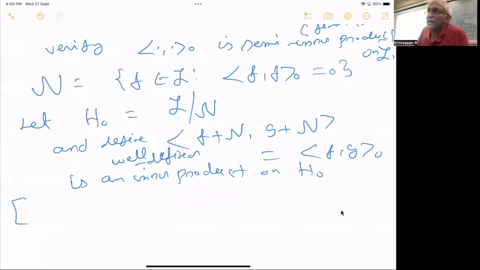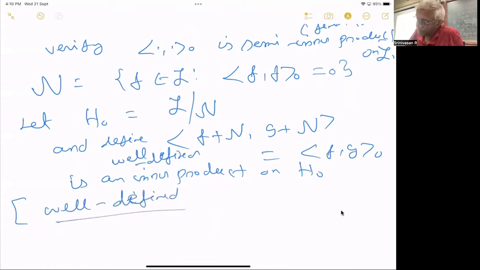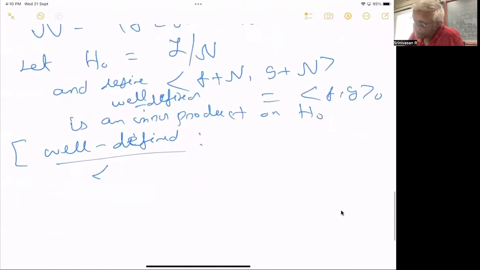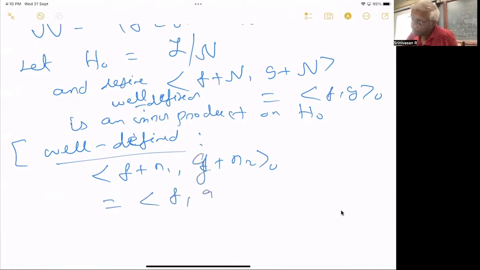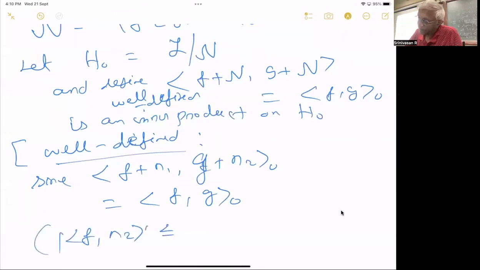The f plus n means you can add some element in N. So to verify well-definedness, you have to verify ⟨f + n1, g + n2⟩₀ is equal to ⟨f, g⟩₀. Why is it true? Because |⟨f, n2⟩| is less than or equal to the norm of f times the norm of n2, which equals 0.